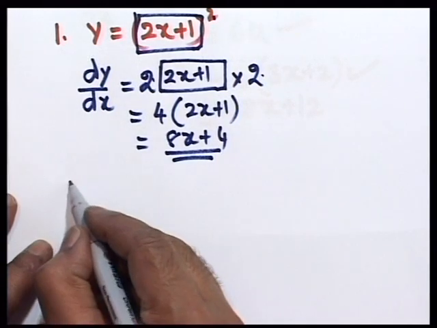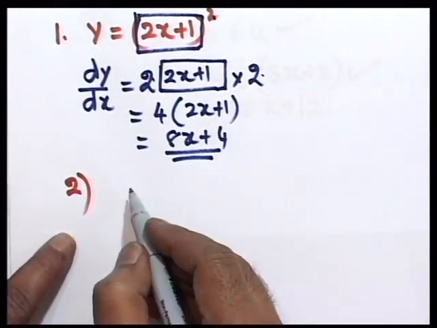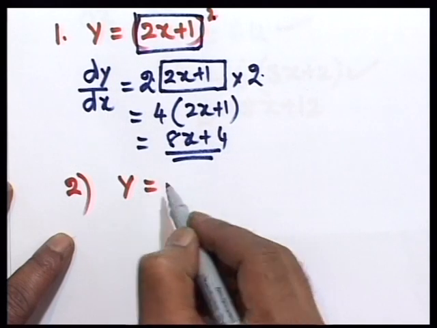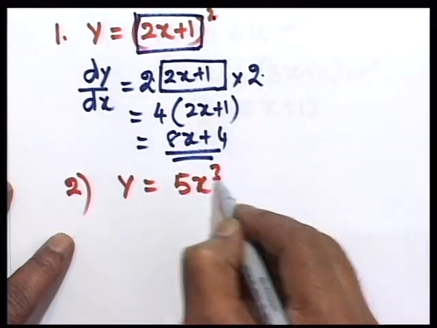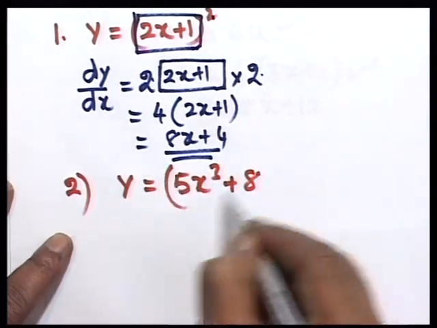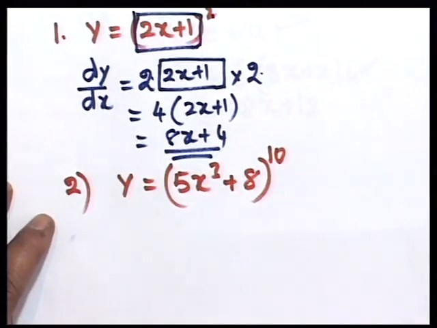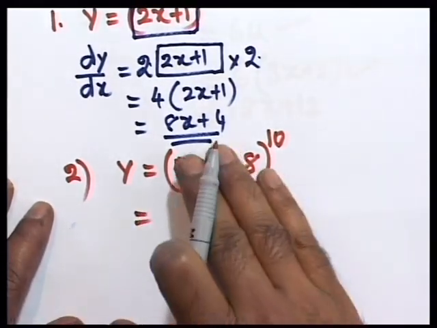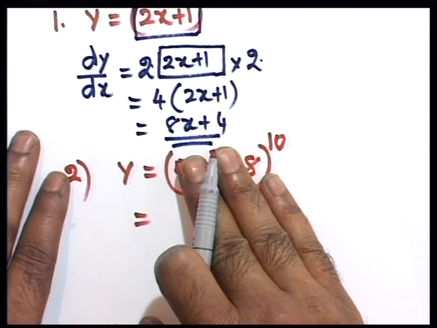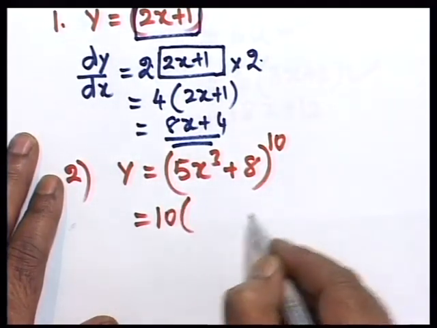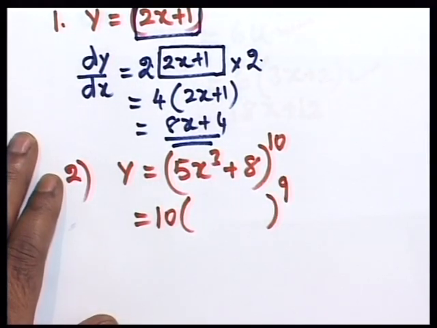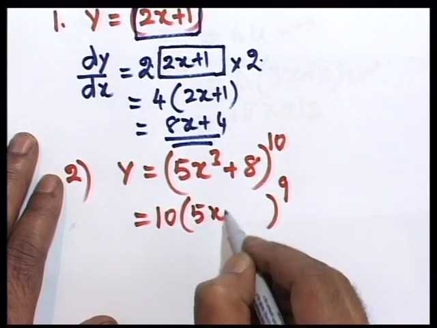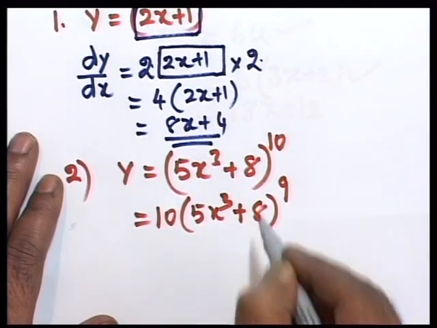Question, say, my own sum, for example. y equals (5x cubed plus 8) to the power 10, right? Then we say something to the power 10 is 10 times the same thing to the power 9, which is 5x cubed plus 8.